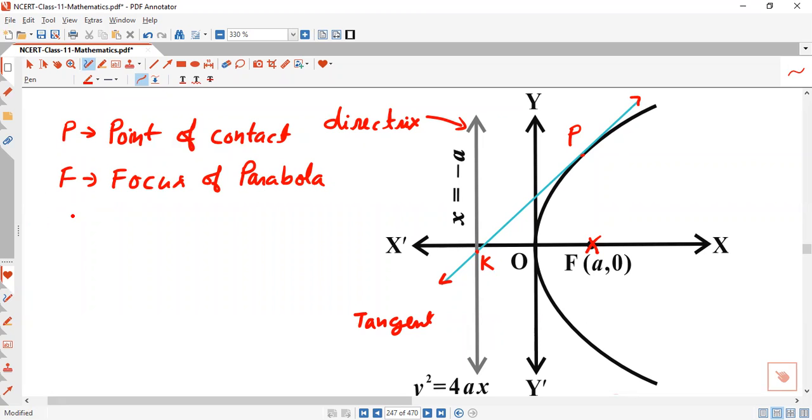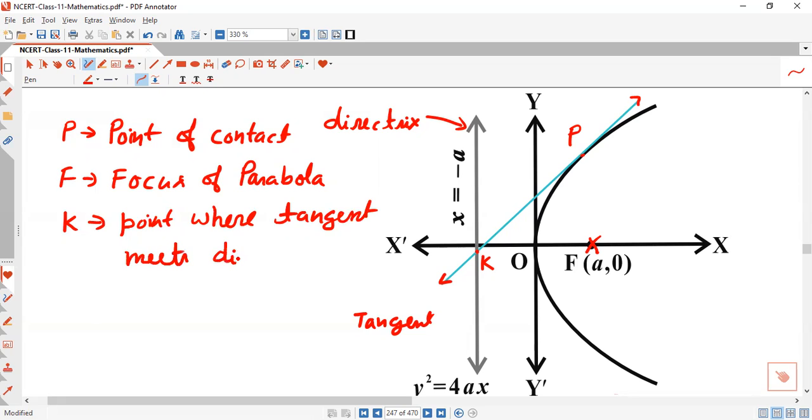K is the point where the tangent meets the directrix. So this is point K.